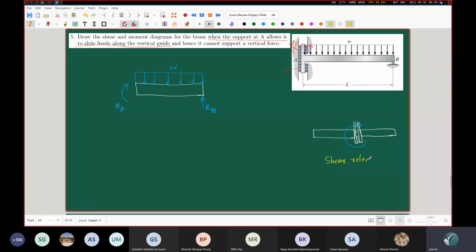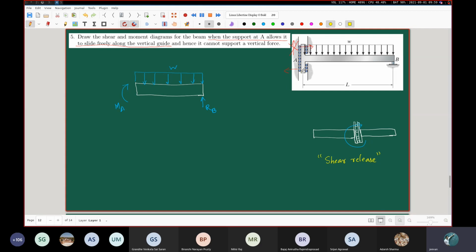Why is it referred to as a shear release mechanism? Because this shear is like a vertical force. Since there is no vertical force here, all the vertical things that are happening have been released. It has been set to 0. Here also, because of this special arrangement, the vertical force has been set to 0.